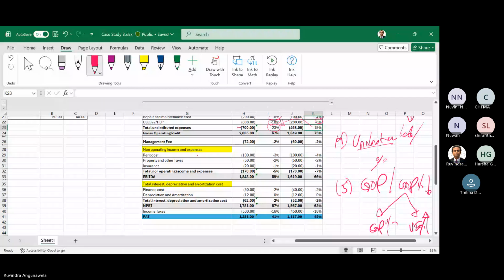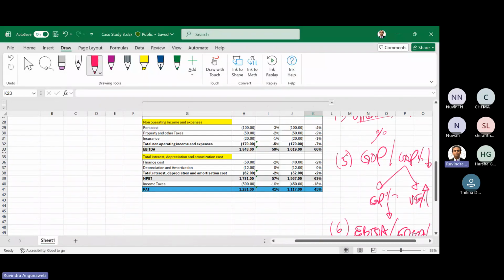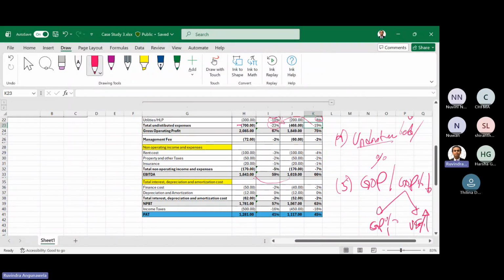And then the next comment should be on your EBITDA and the EBITDA margin. You have to comment on EBITDA and the EBITDA margin. Of course, in terms of absolute value, EBITDA has improved, which is good. But in terms of EBITDA margin, 66% has moved down to 59%.